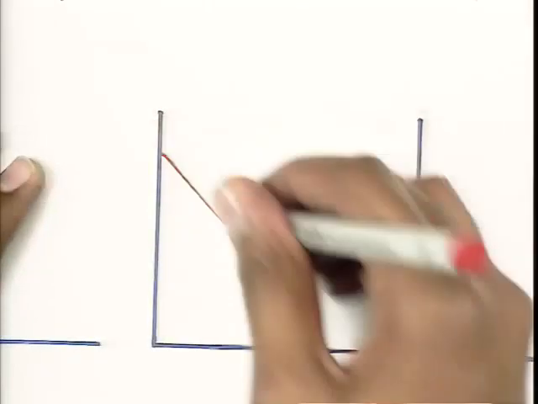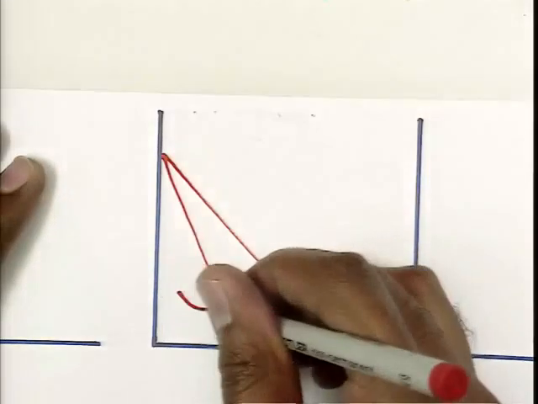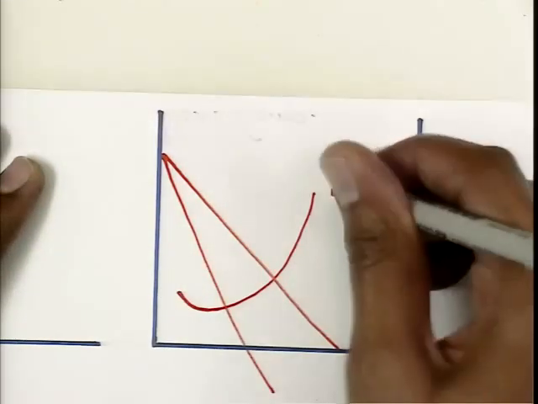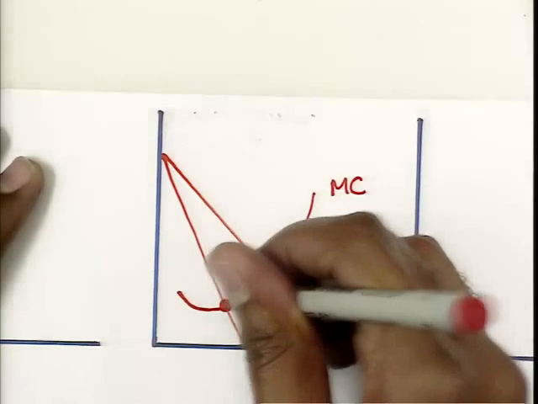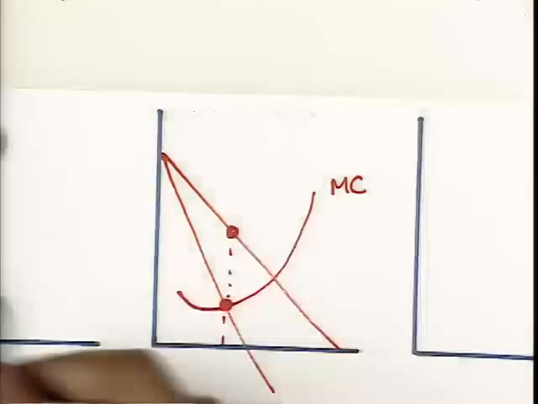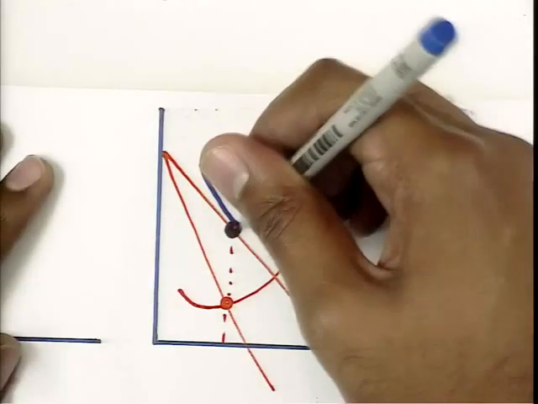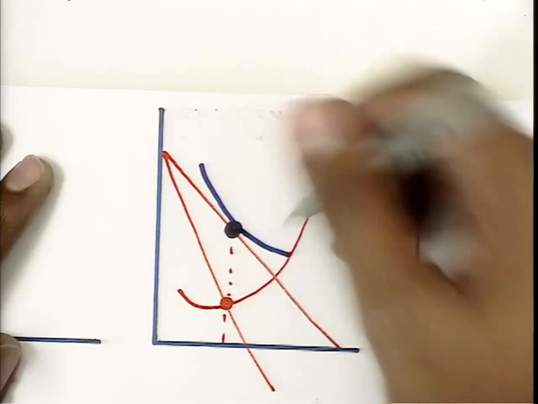The demand curve shifts to the left until all your economic profits have disappeared. So in monopolistic competition in the long run, you find that the average total cost curve hits a tangent at the demand curve.